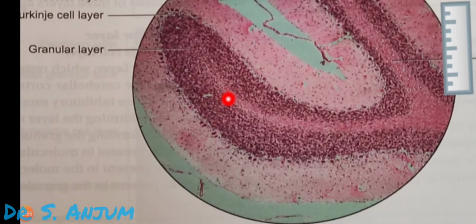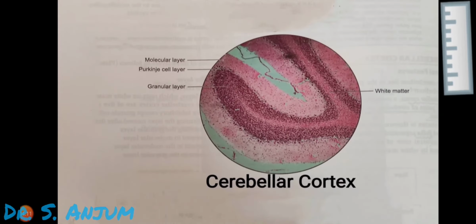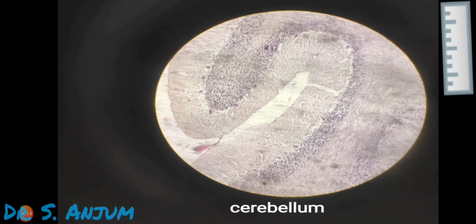Also, the innermost layer is the white layer. So the granular layer appears very dark. It is dark blue because of the presence of abundant nuclei of neurons. So it is a slide of cerebellum.